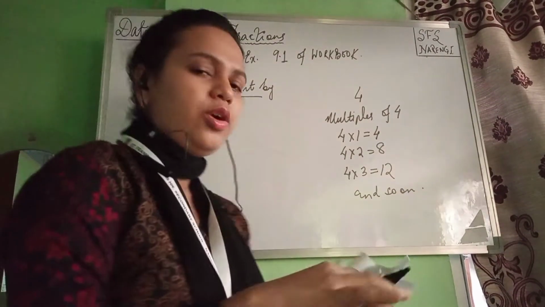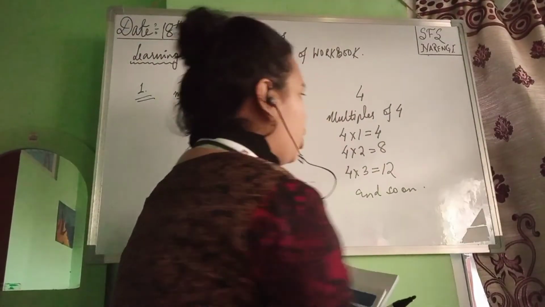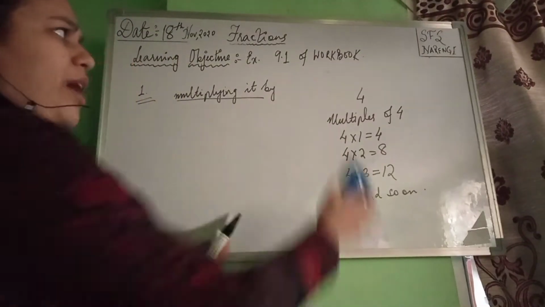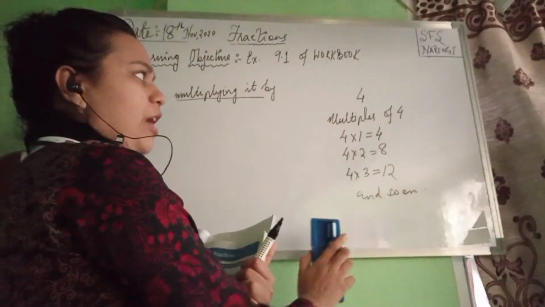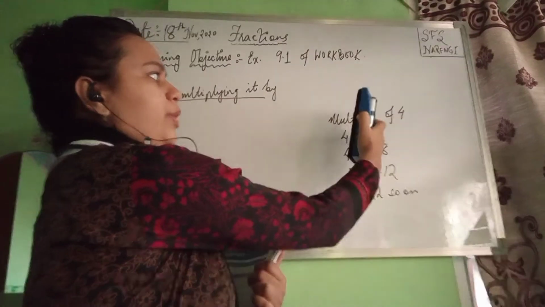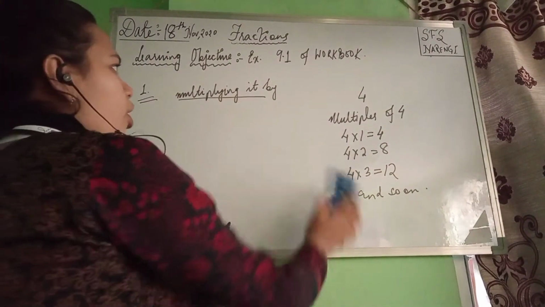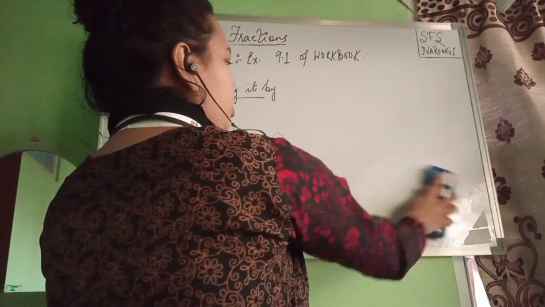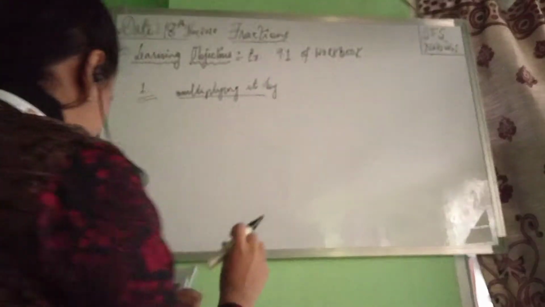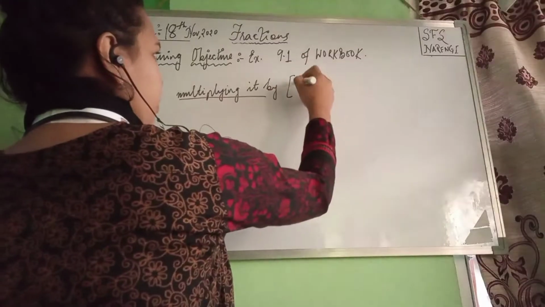You understand now why? Because multiples of a number are found by multiplying the number with 1, 2, 3 and so on. As such, your question number 1, the answer would be option B.